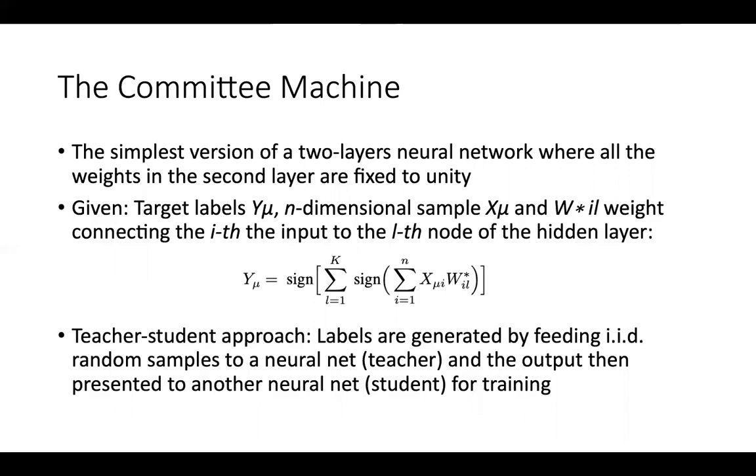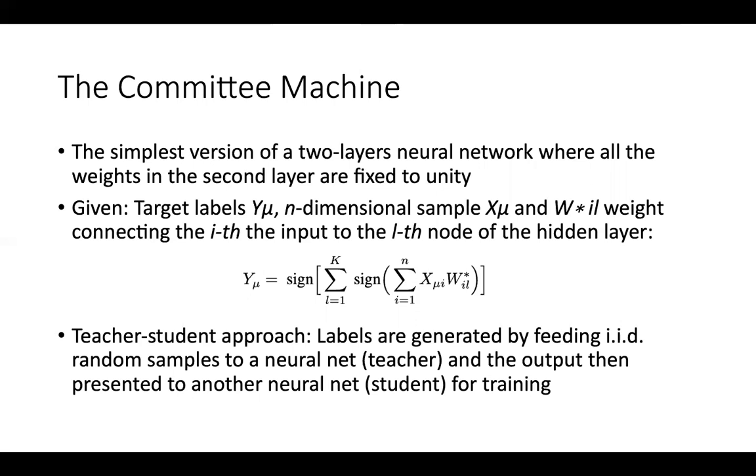So that's where the terminology comes from. We're going to consider the simplest version of a two-layered neural network, where the weights in the second layer are fixed to unity, or 1.